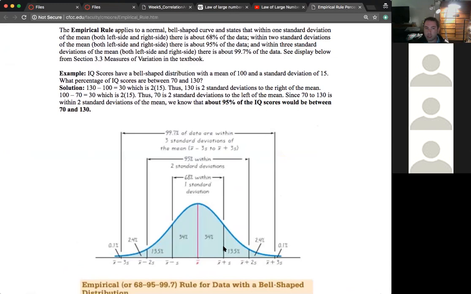So that's an important concept to know: in sampling, we need to have a large number in order to assume normality.